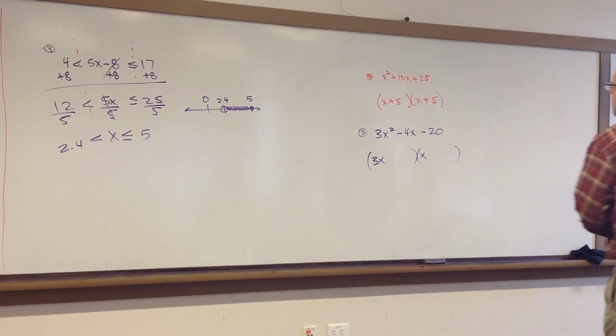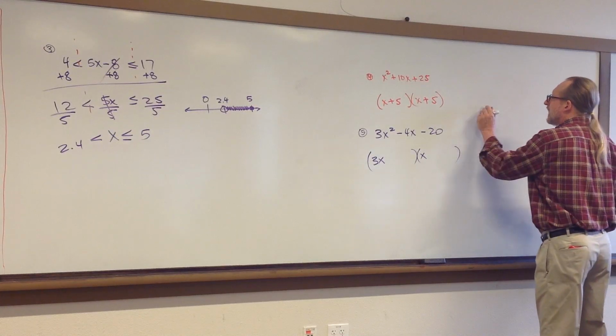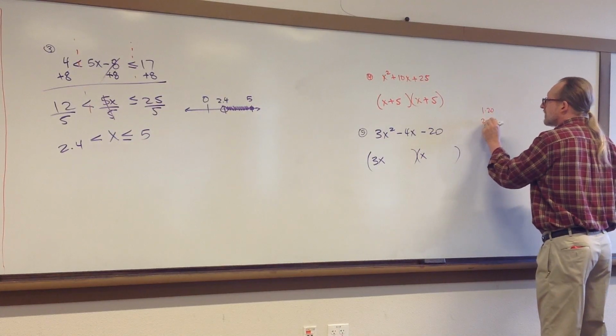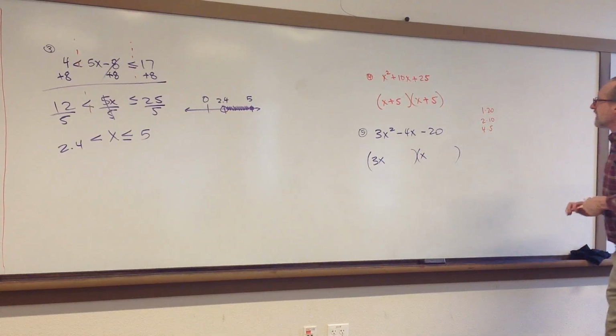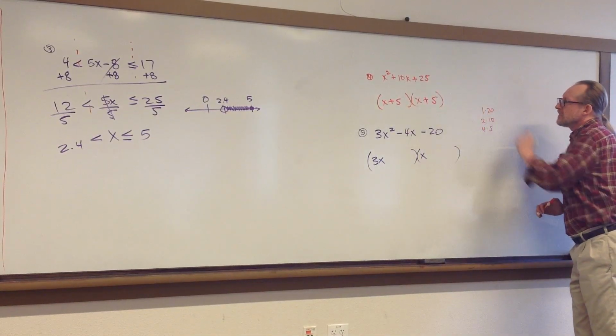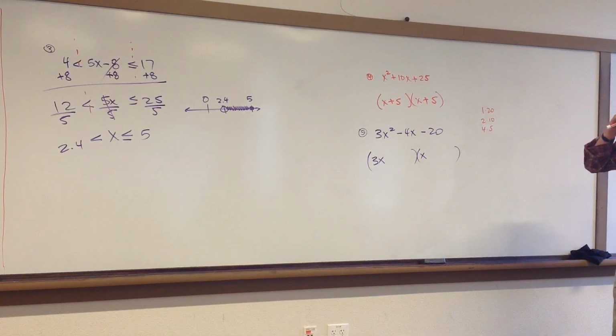Now with the 20, we've got a bunch of different possibilities. You can have 1 times 20, 2 times 10, 4 times 5. These smaller factor pairs are typically more common, unless the middle number is really big.